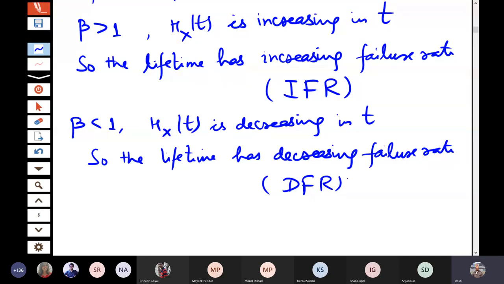So the distributions which are very, very robust, there you will have close to a constant failure rate. Okay, that means the system is there, for example, a rock, a mountain or that kind of thing. If you consider it in the engineering sense, you have very heavy machinery which works for a very, very long time.